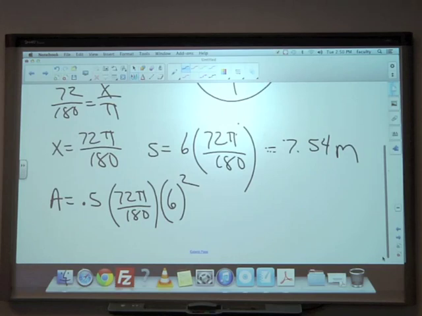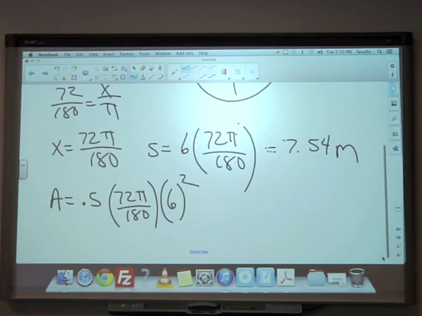This is all multiplication really, so it doesn't matter what order we do this in, does it? I mean, 1 over 2 times 2 pi over 5 times 6 over 1 and then squared. And the answer is 14.21? No, 22.